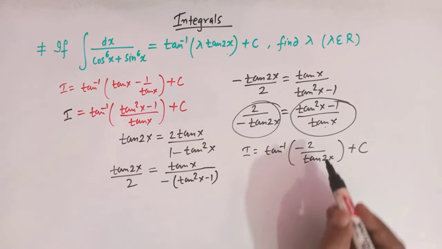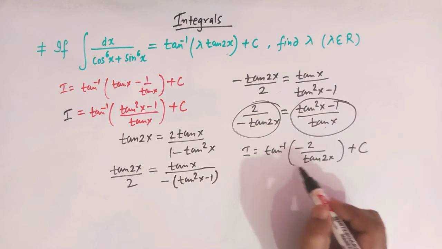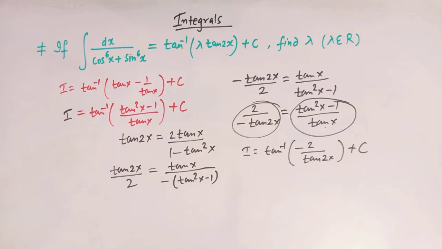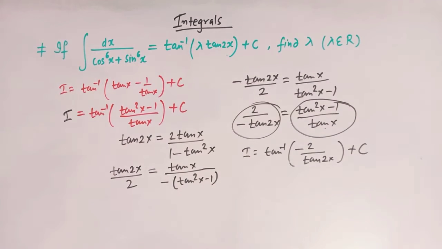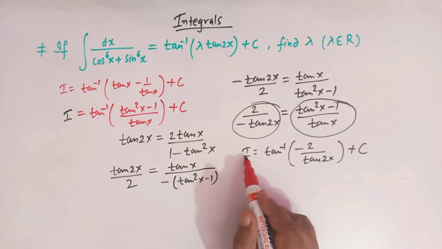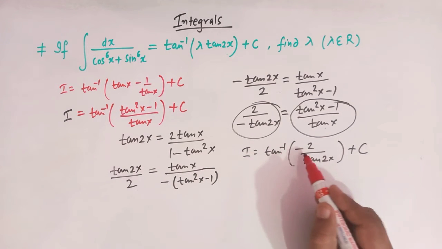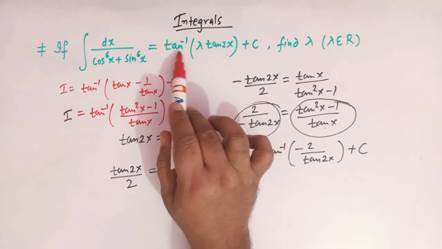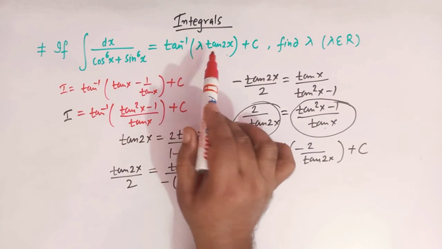So what we will do, we'll again simplify this expression by making use of an important result from inverse trigonometric functions. See, here we have the value of integral I as tan inverse of minus 2 over tan 2x plus c, and we have to reach this expression, right?